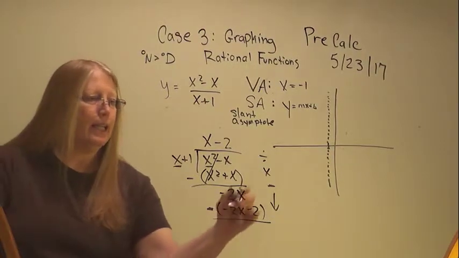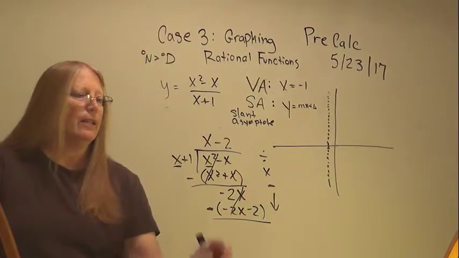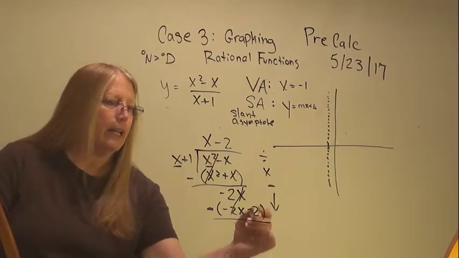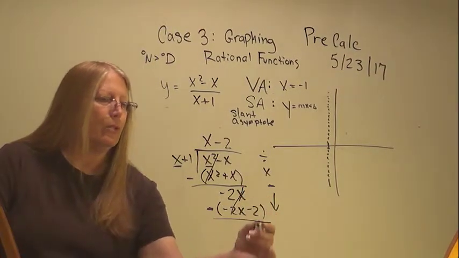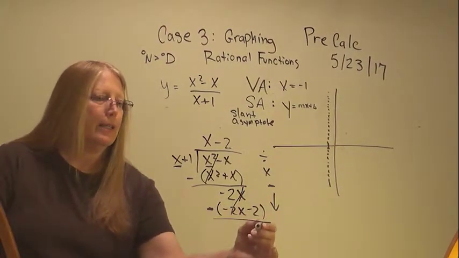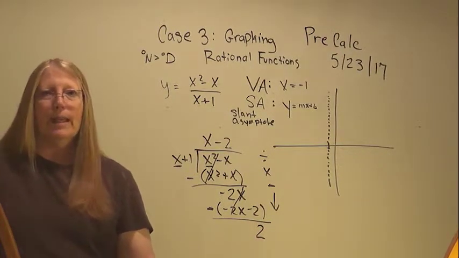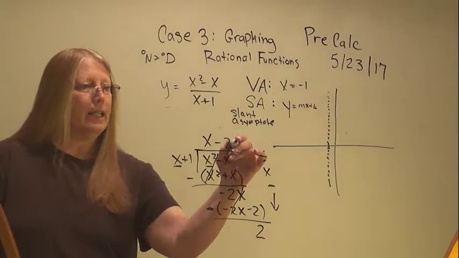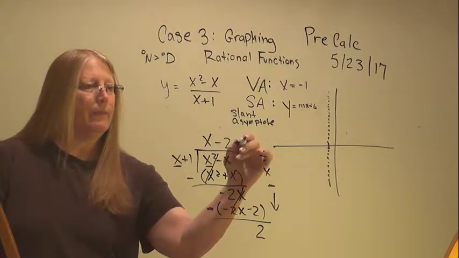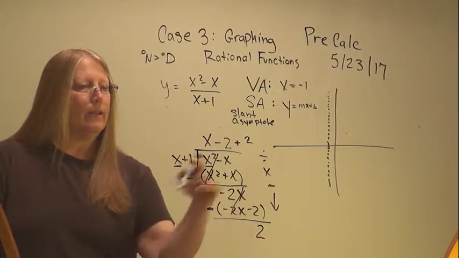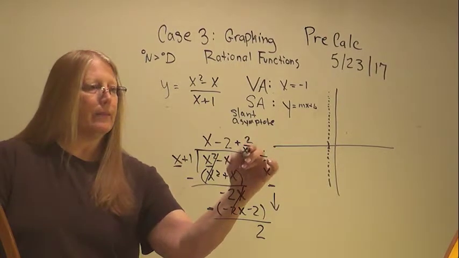I add it to the negative 2x and that's gone. This negative, and there was nothing to add or subtract it from, so we get a positive 2 as a remainder. The remainder can be written in the answer, the quotient area, by placing it over top of the divisor.